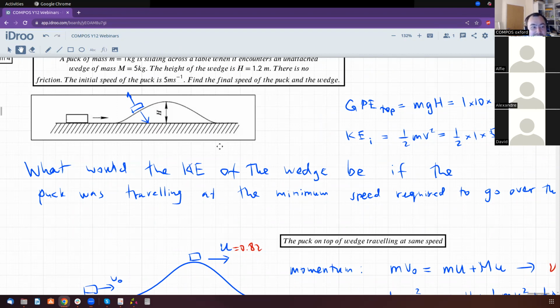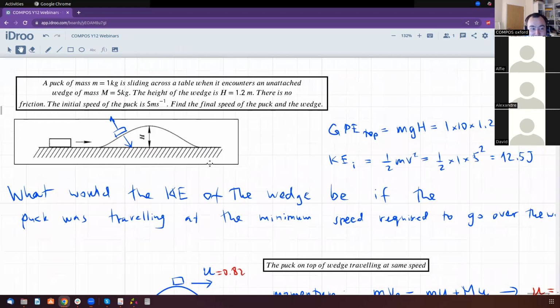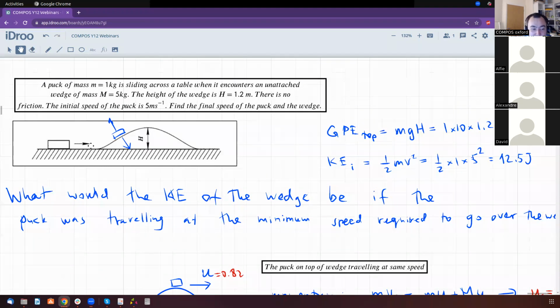Okay, and therefore after the puck goes down, the wedge would stop, and the puck would continue traveling at 5 meters per second.